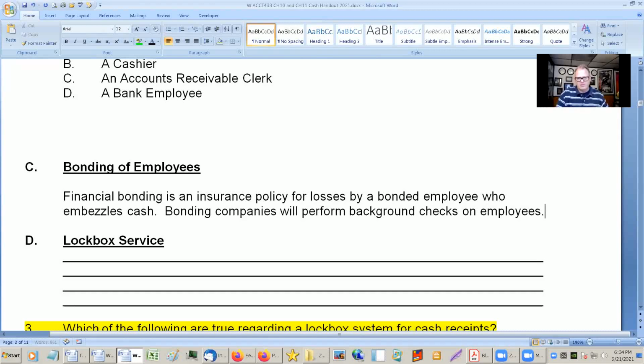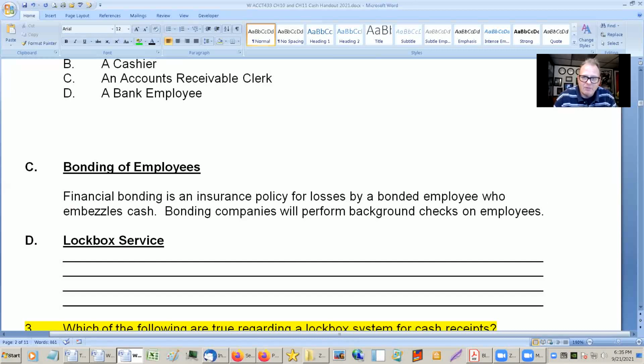When a company says we're going to get these people bonded, the bonding company will do a background search and let the company know if they can't be bonded.